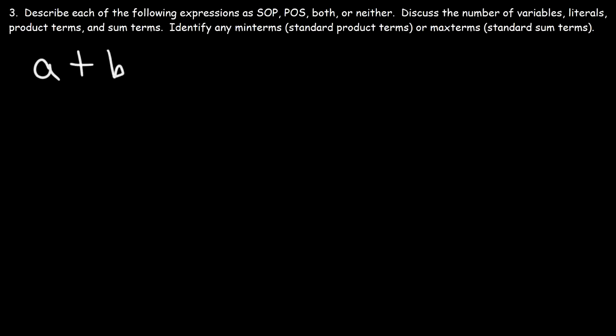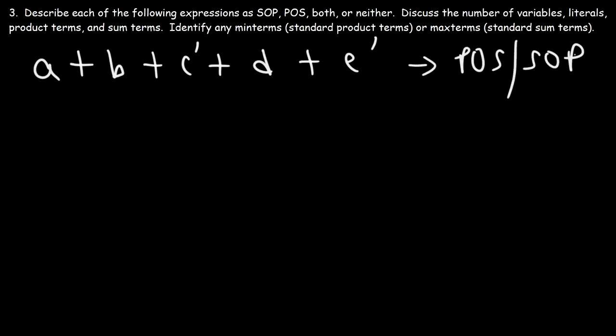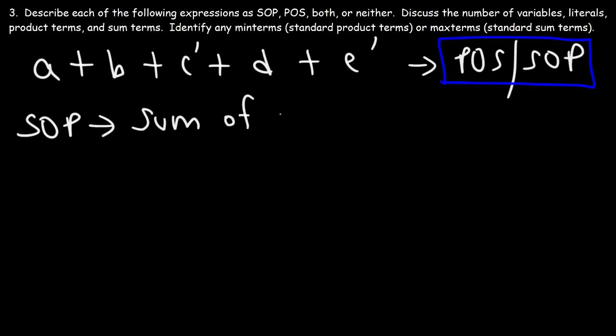Consider the expression a plus b plus c prime plus d plus e prime. So can we describe this as an SOP or POS expression? Like the other example, you could represent it as both POS and SOP. As an SOP expression, we can say that this represents the sum of 5 product terms.